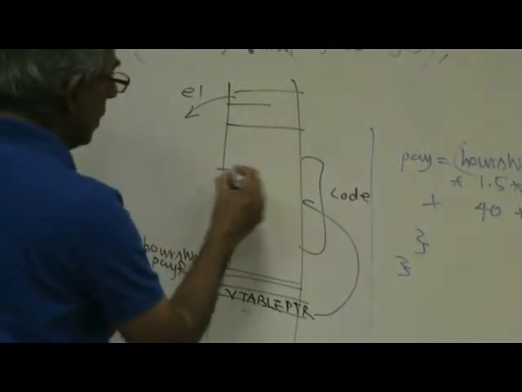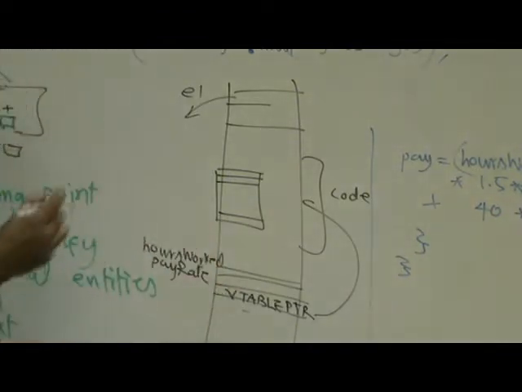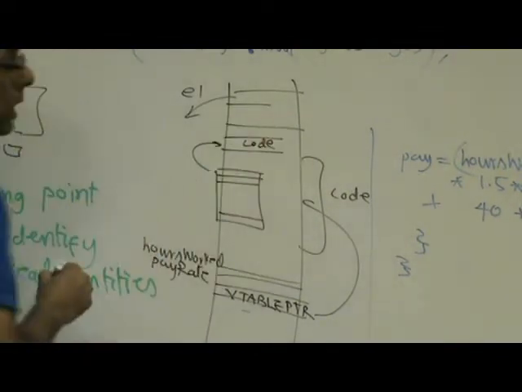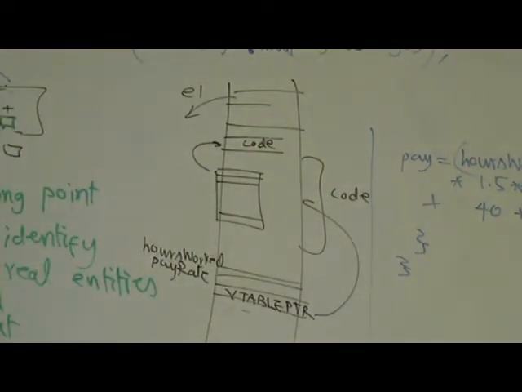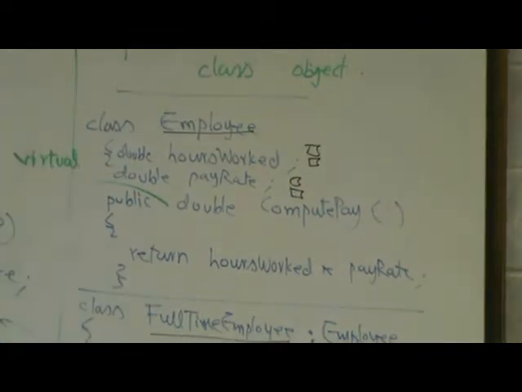So how many entries will be in the vtable? Remember, the vtable is a table of function pointers. Each one points to the code for whatever that function is. So for example, let's pretend we also have a public property. There will be a set and a get over here, right?